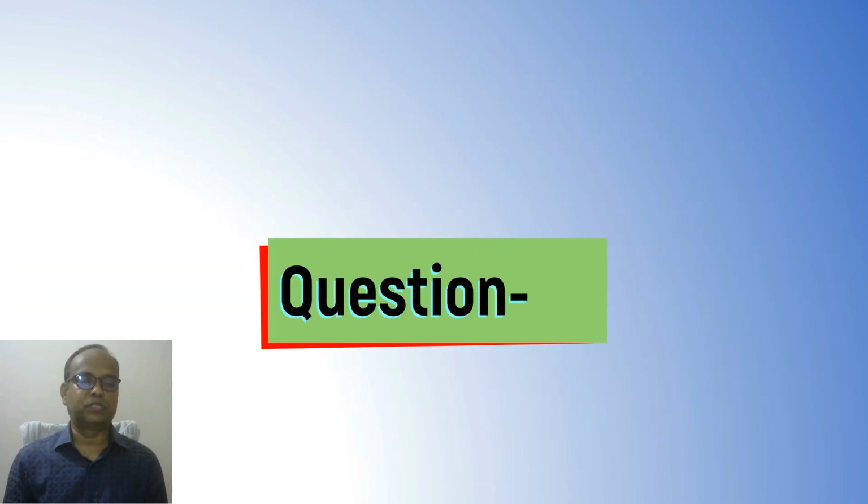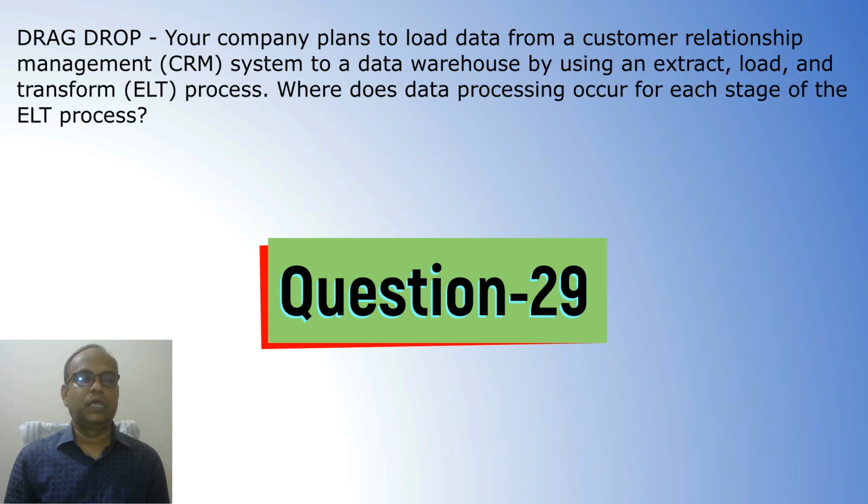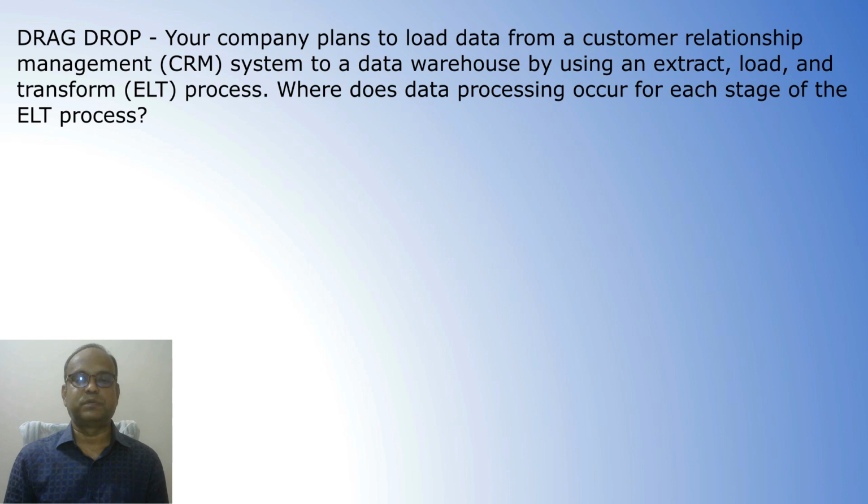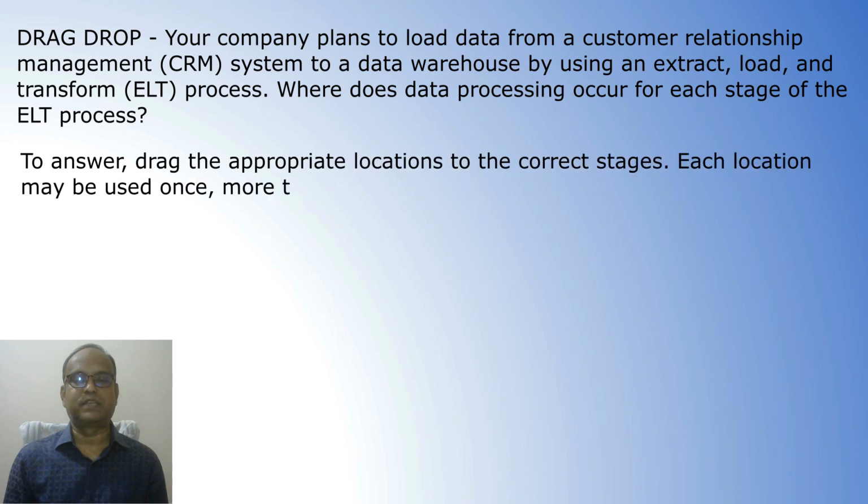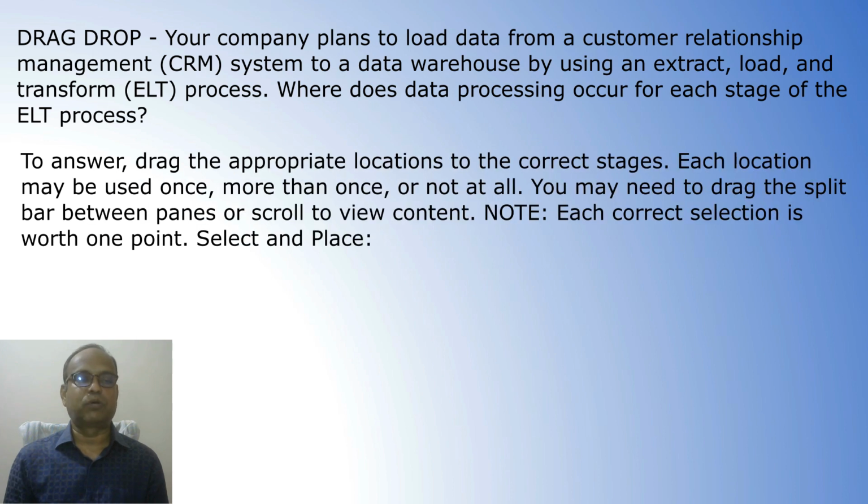Next question, question number 29. Drag and drop. Your company plans to load data from a customer relationship management (CRM) system to a data warehouse by using an extract, load, and transform (ELT) process. Where does data processing occur for each stage of the ELT process? To answer, drag the appropriate locations to the correct stages.